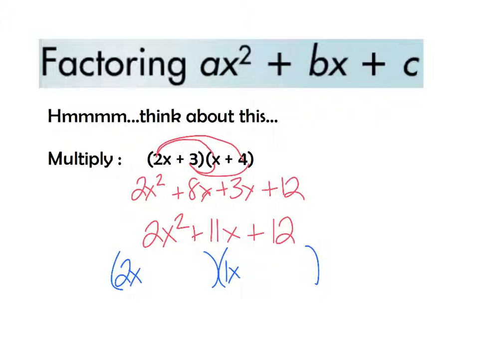Let me start with a 2 and a 6. That multiplies to 12. I'm showing all this work, but you eventually start doing this in your head. I've got a 4 and a 6 for outer and inner. 4 and 6 will not get me an 11, so I know that's not right.